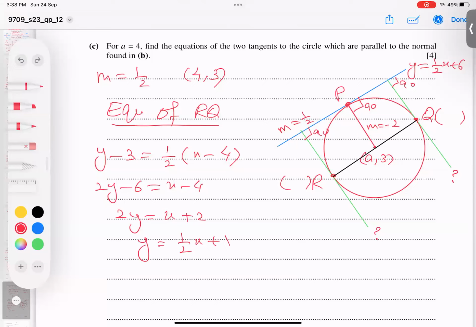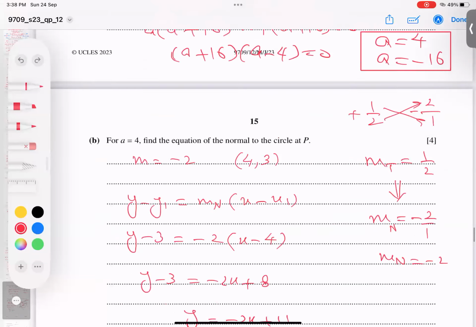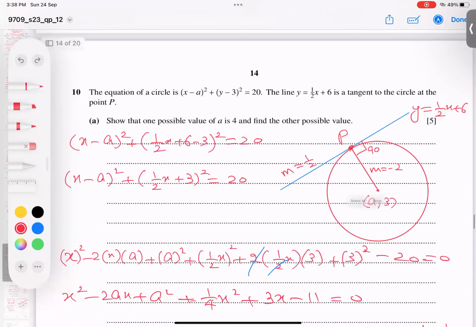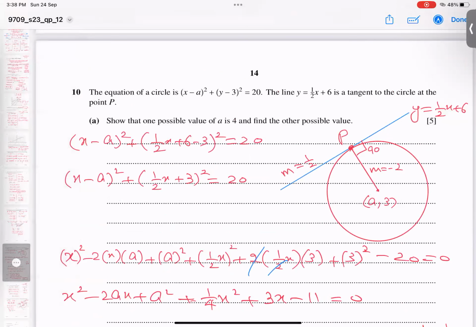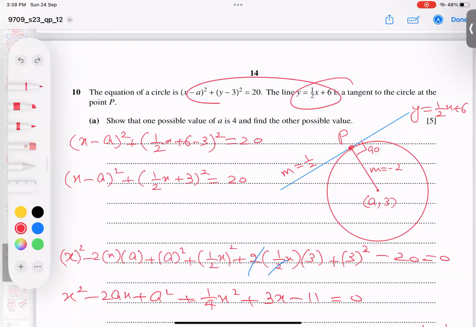I will solve it with the circle. With the circle equation, we have the circle equation on top here. And simultaneously, the way I solved here before, this line, that one. So when I solve it, let's see what I get. First of all, I'm writing the equation. So x minus 4 whole square plus y minus 3 whole square equals 20.